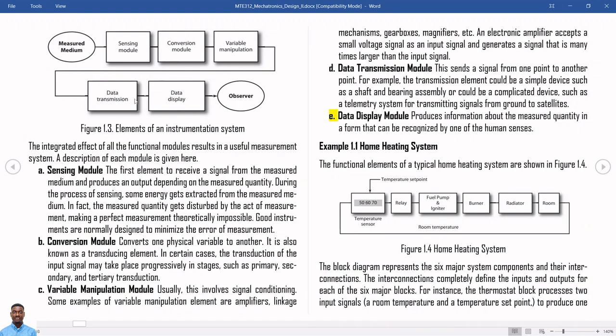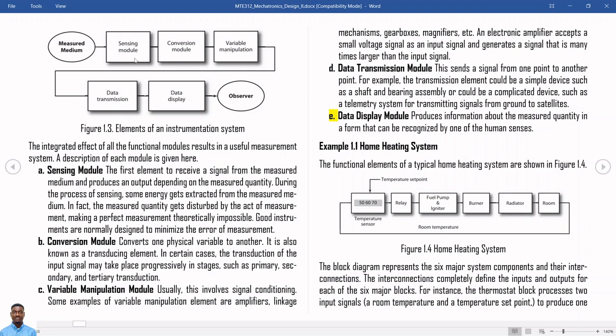This is what the elements of an instrumentation system look like. The measured medium is here, and the sensing module senses the measured medium, maybe temperature, pressure, whatever that is.